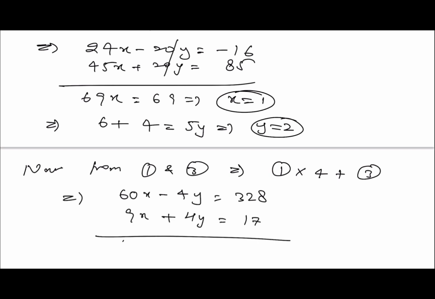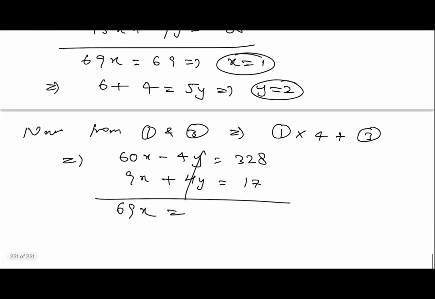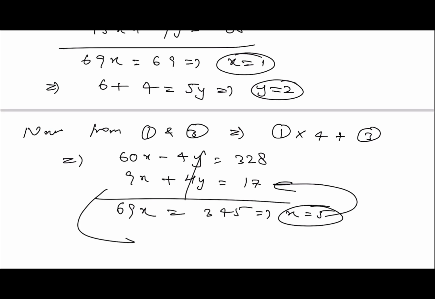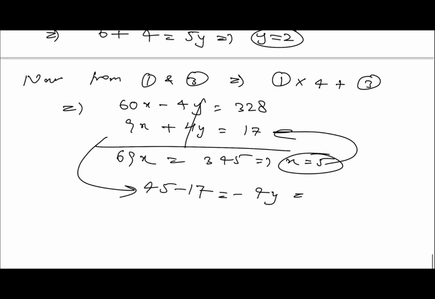On adding, this is 69x is equal to, the y will cancel, this is 345, means x is equal to 5. If I put in this, we will have 45 minus 17 is equal to minus 4y, then y is equal to minus 7.